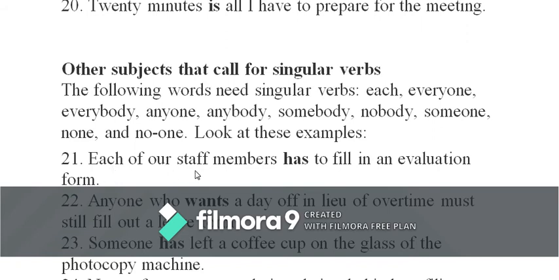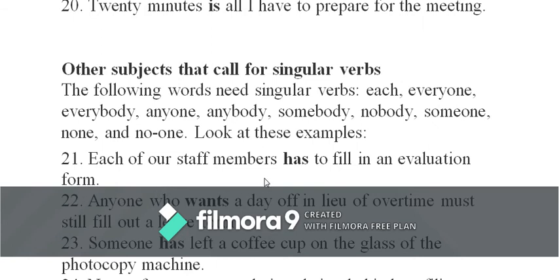That means every person, every single person present in that group. So each of our staff members, now the context is that we are talking about an individual. Each of our staff members has to fill in an evaluation form.